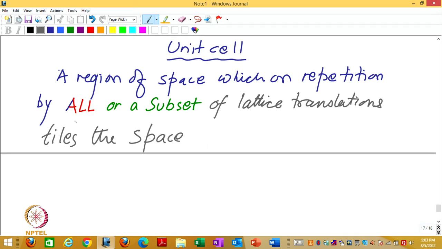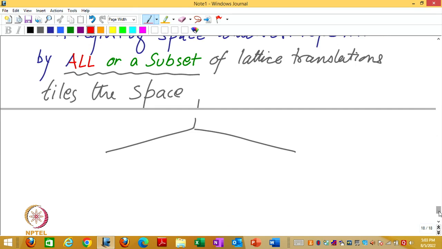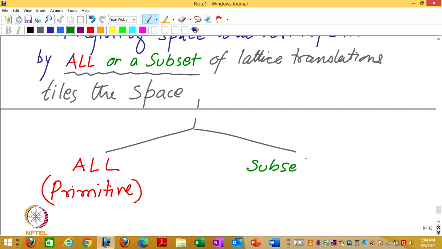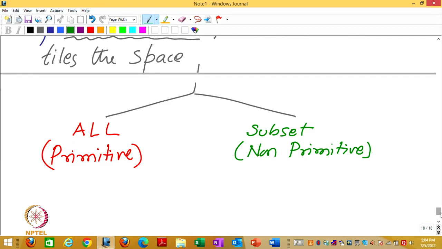And based on whether you are using all or a subset, you are having two types of unit cell: primitive and non-primitive, and you saw the example.